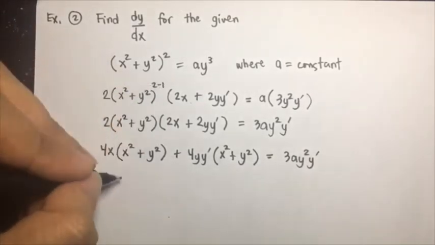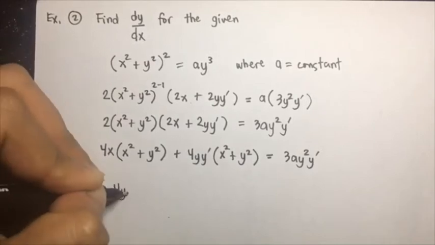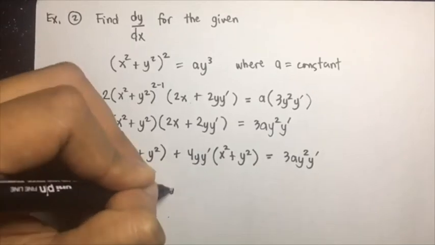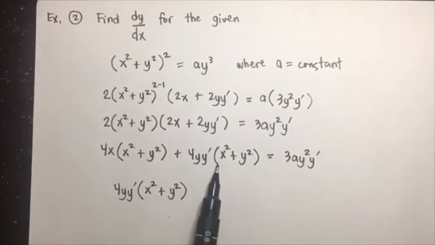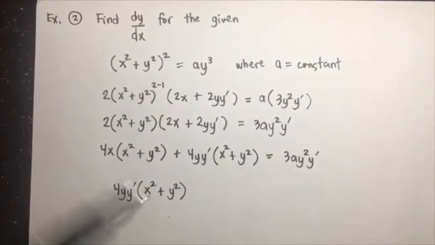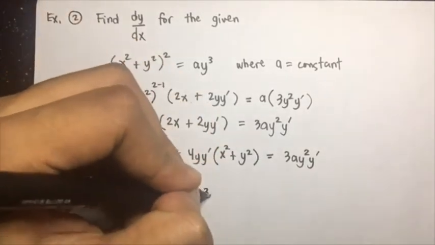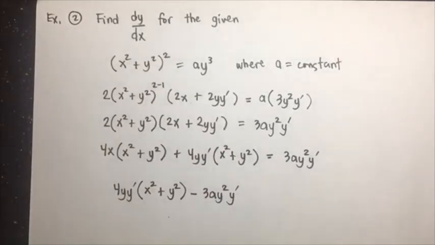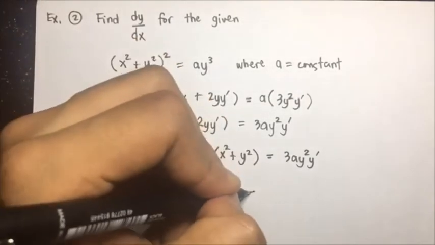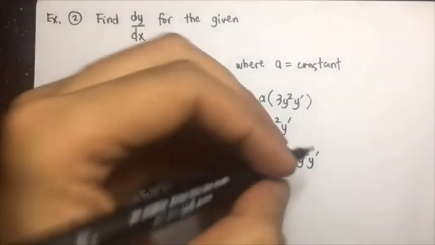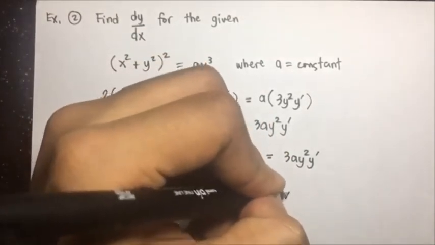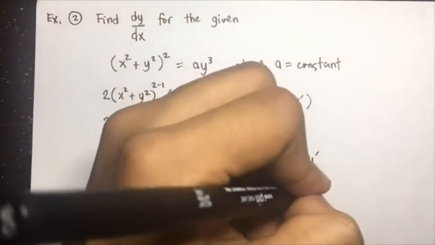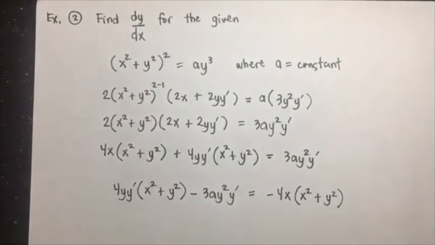So it will become 4y y prime times x squared plus y squared for this term, and then transposing this, minus 3a y squared y prime is equal to, transposing this, negative 4x times x squared plus y squared.